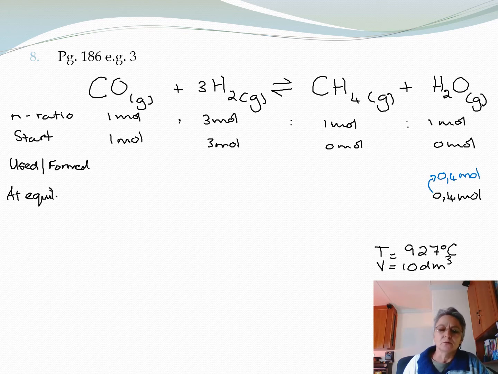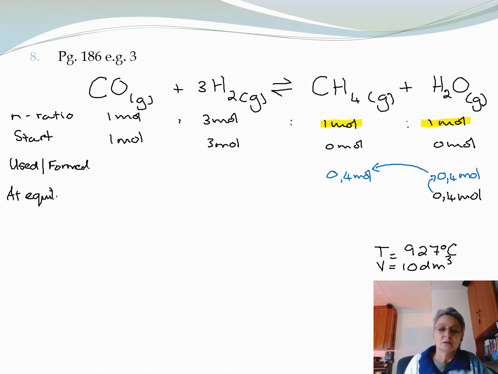Now the ratio between the moles of methane and water is 1 to 1. That means that 0.4 mole of methane must have been formed.